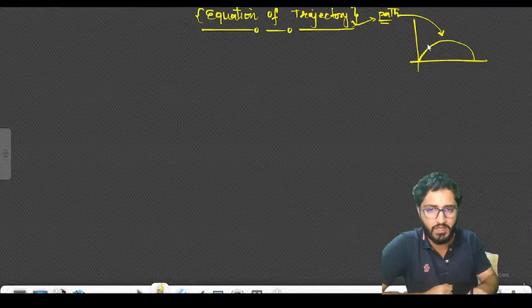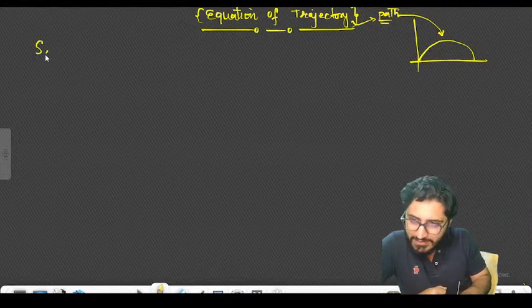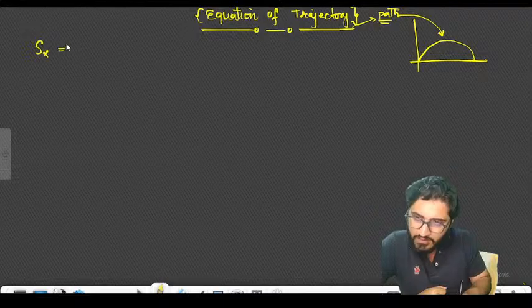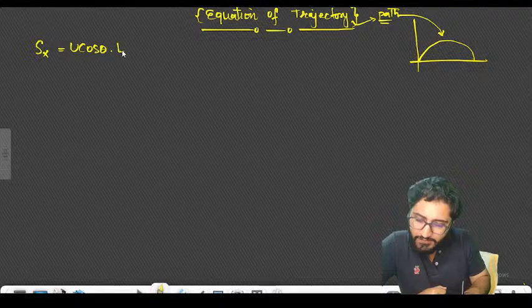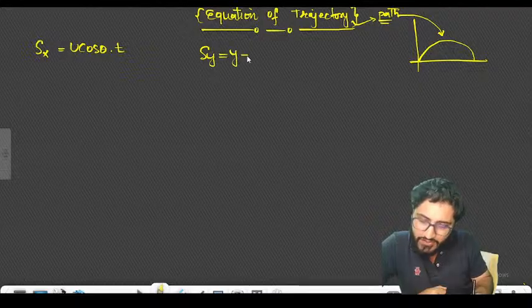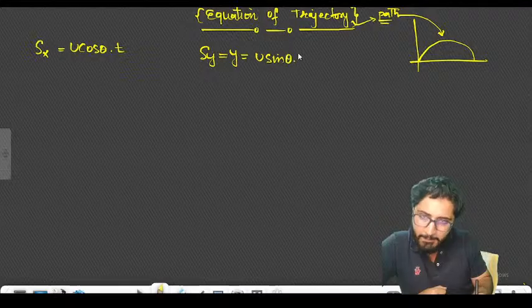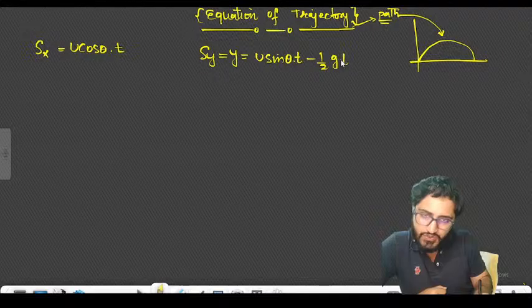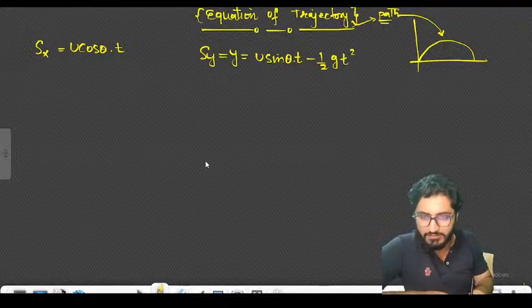Look now. What is displacement in x? It is u cos theta multiplied with t only. What is displacement in y, or simply y? It is u sin theta multiplied with t minus 1/2 g t square.